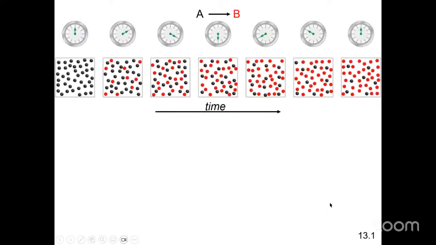Okay, so let's look at this particular hypothetical example in more detail. So the black spheres represent A molecules, and the red spheres represent B molecules. So we're starting off with only A to begin with, and then as time progresses, you're going to see a decrease in the amount of A molecules and a corresponding increase in the amount of B molecules.